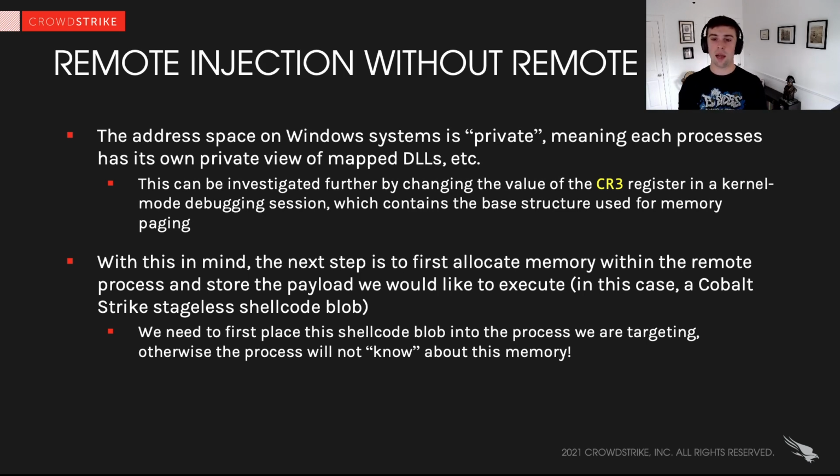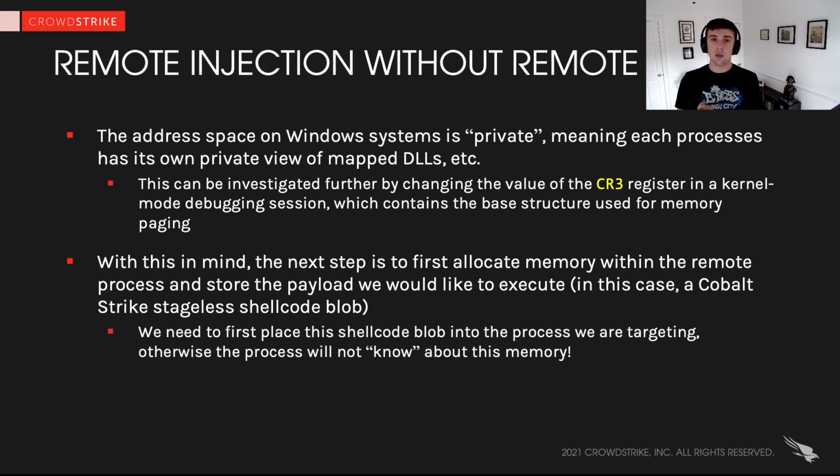But with this in mind, we know that each process has its own privately mapped view of memory. So if we have a given payload, if it's stored within the local process, the remote process is not going to be able to see that, which is our target process we want to execute in.